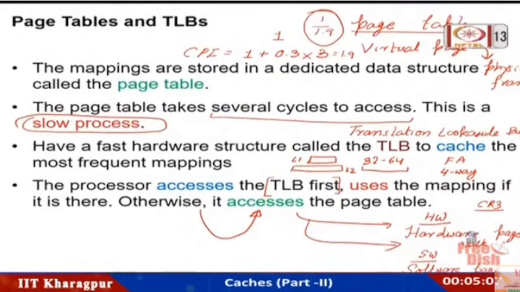It can be a fully associative structure as well, given that its size is small and it has few entries. A fully associative cache is good enough for storing the entries of the TLB.